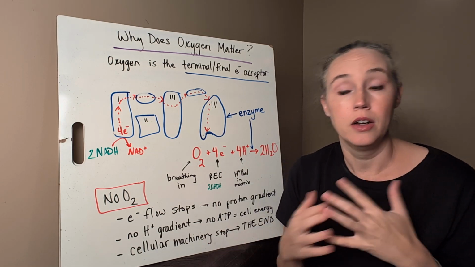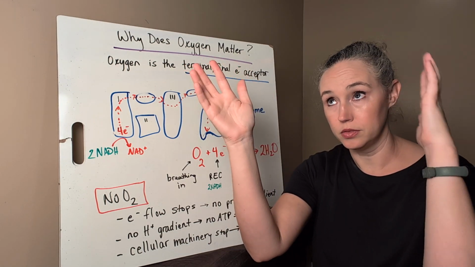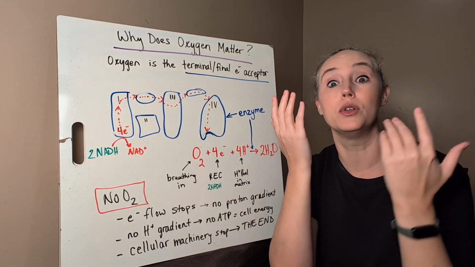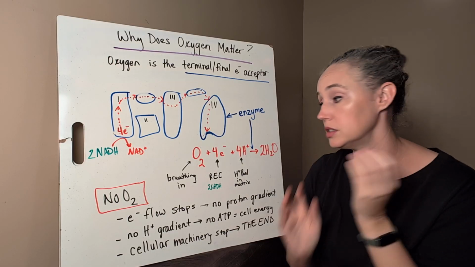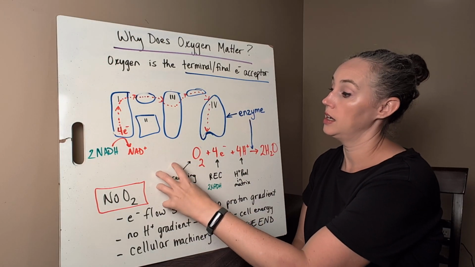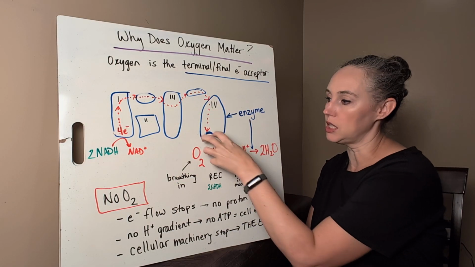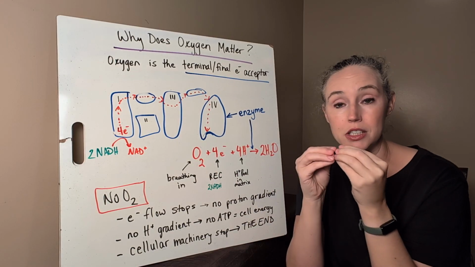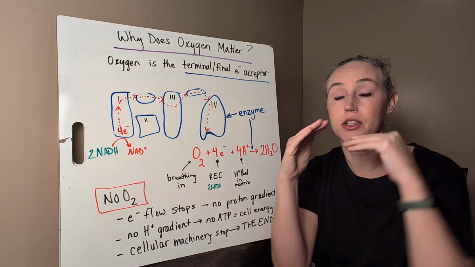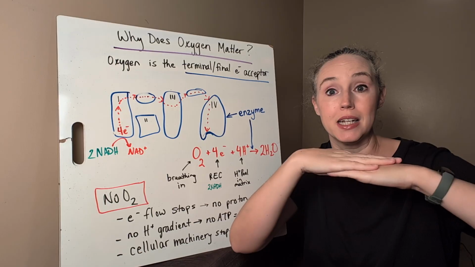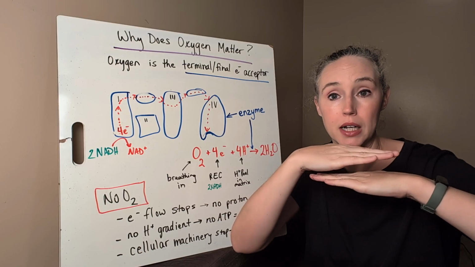Either breathing it in, or if you're some other kind of non-breather, right? Diffusion, oxygen is diffused into your cells. And what this enzyme will actually do is, if there's an enzyme mediated breaking of the double bond, right?